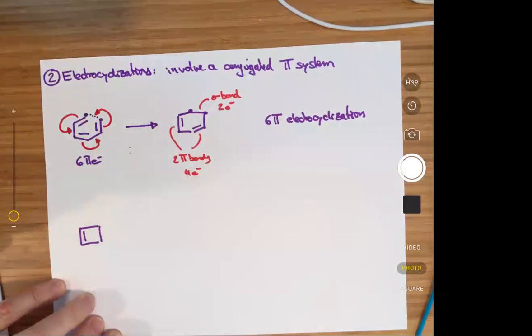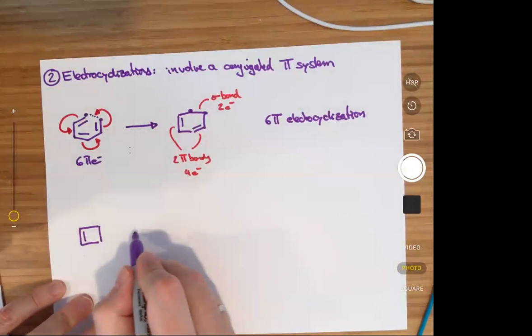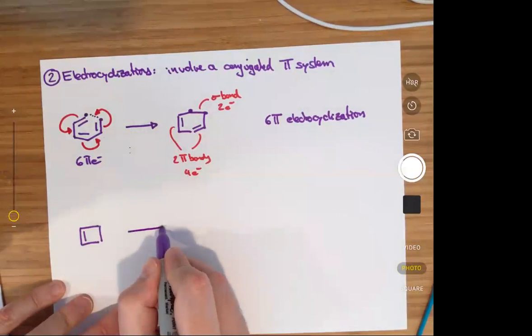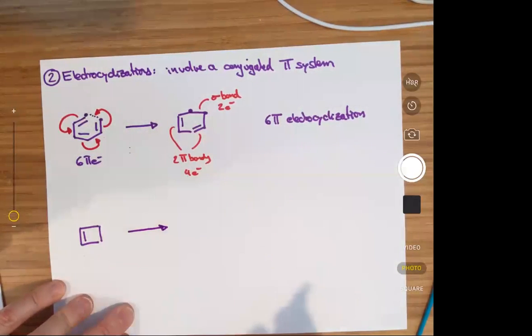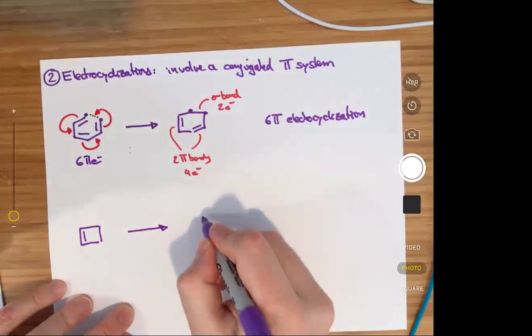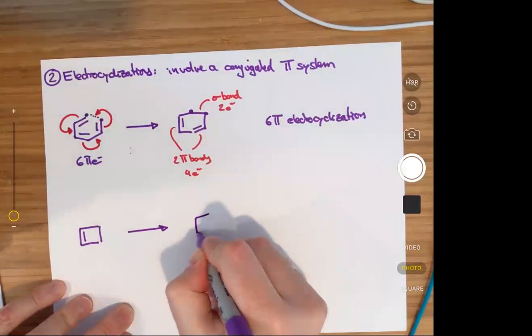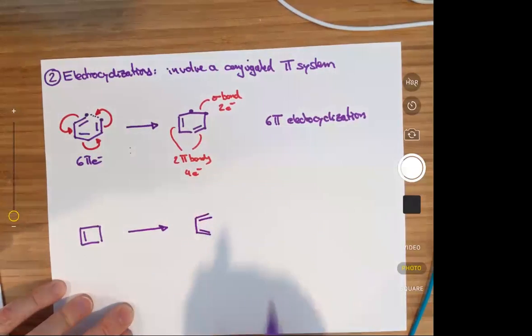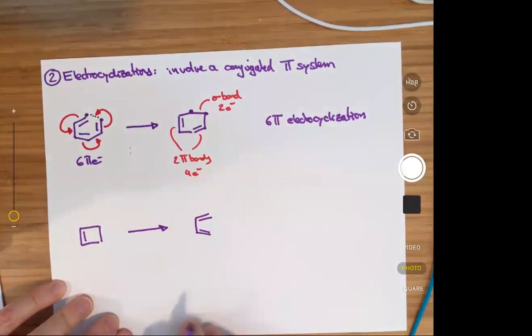And depending on what kind of pi system you're specifically dealing with, it might be that the reverse reaction is actually favored. So this is the example that I'm giving you here. If you have a strained 4-membered ring with one double bond in there, cyclobutene, for example, this preferably goes backward and forms the butadiene system that you have over here, right?